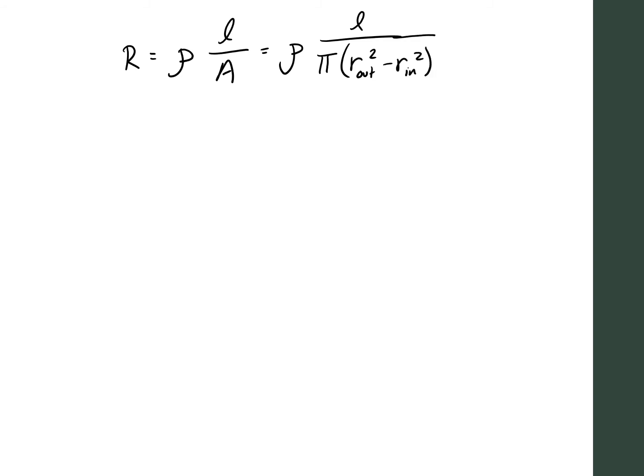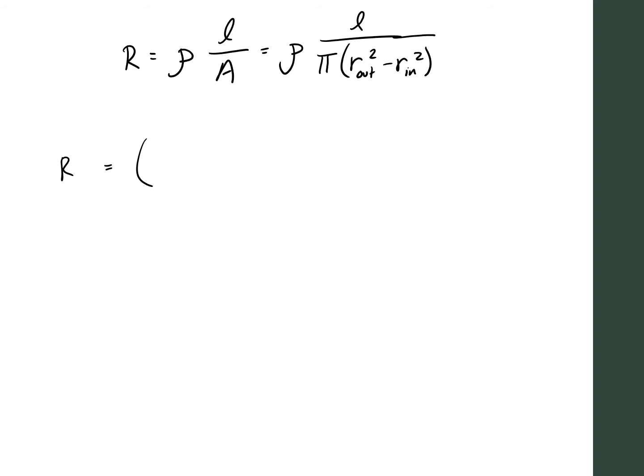So our resistance, the equation is resistivity times length divided by area. And again, we found a new equation for our area. It's going to be pi times the outward radius squared minus the inward radius squared. So I have all my values, I can go ahead and plug them in.